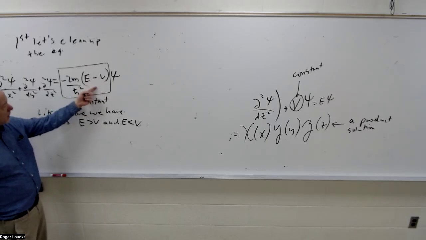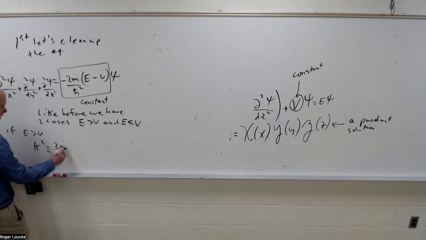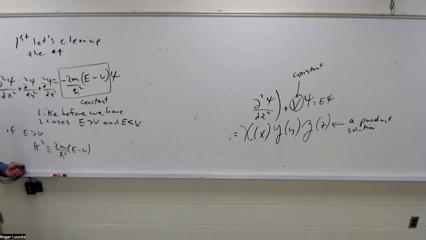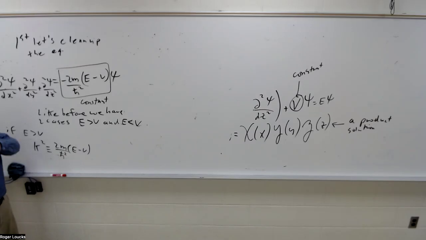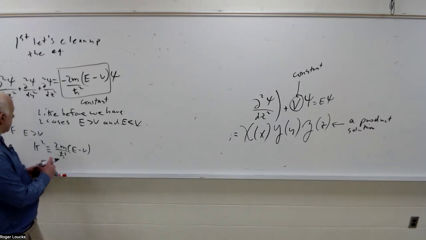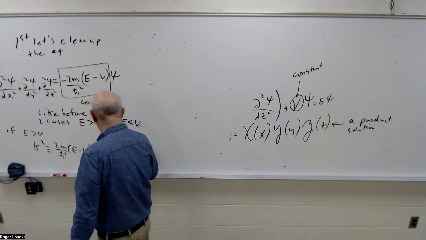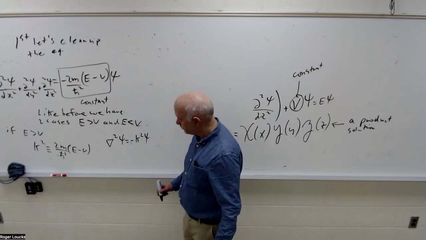So this whole thing is positive, and then you have a minus sign here. So we define something called k squared. It's going to be 2m over h bar squared times E minus V. In the 1D case, we take V to be zero, but in general, we could have this. So in this case, our equation becomes this guy here.